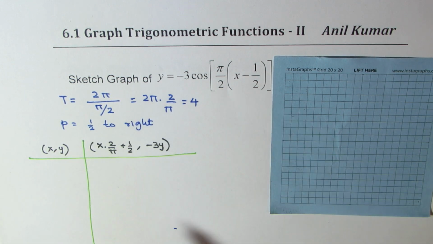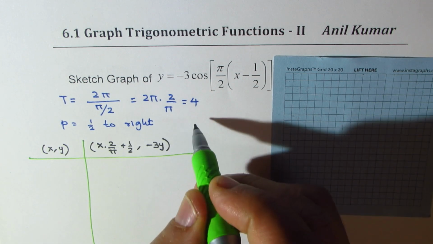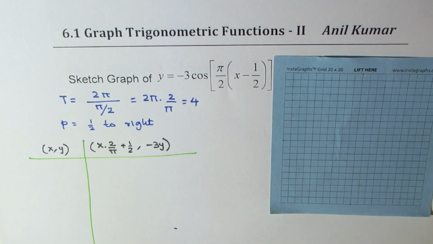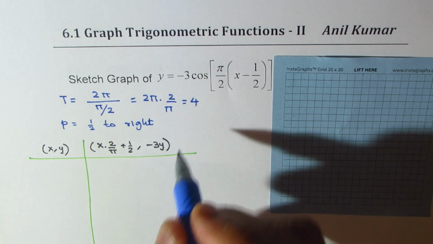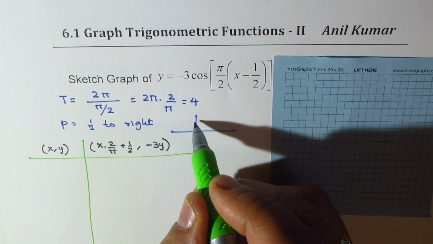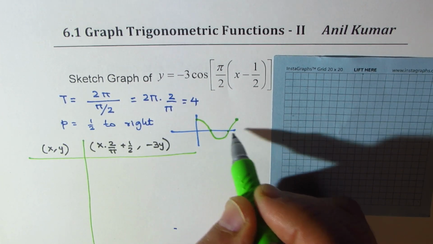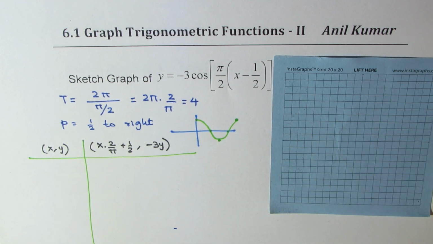The points on the cosine function, which normally when you look at, let me sketch the graph here, just a rough one. Okay, we'll do the final one right there. The cos function is kind of like this, right? So these are the 5 points which you need to consider.